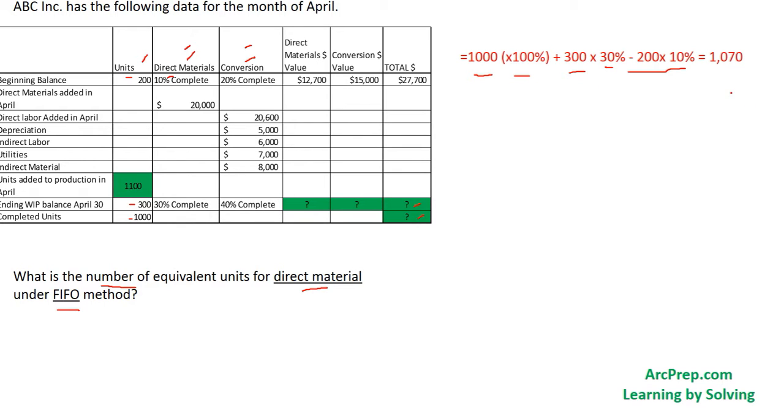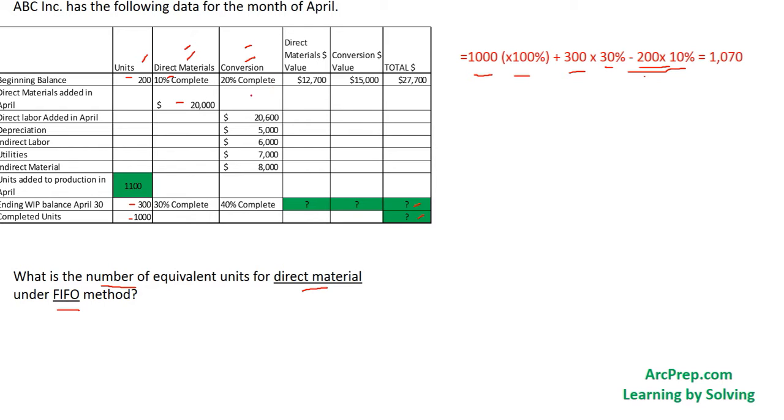That means under FIFO, first in, first out, we already completed 20 units right here, so we need to subtract them. The way FIFO works is we subtract whatever we started from an equivalent units perspective, but then divide the total value for direct material that we use right here over equivalent units.